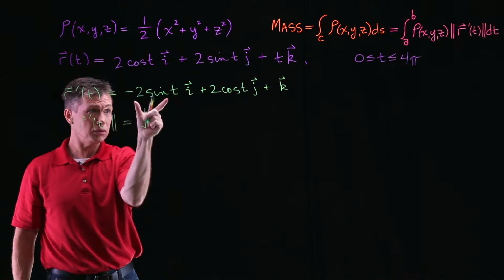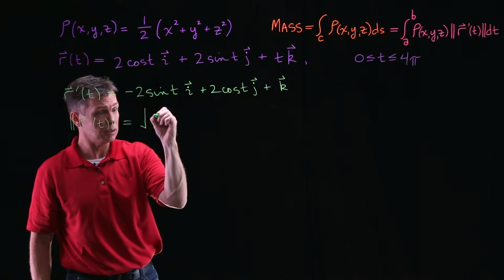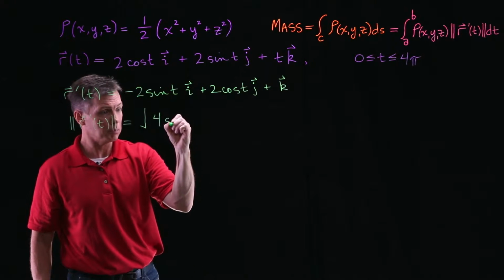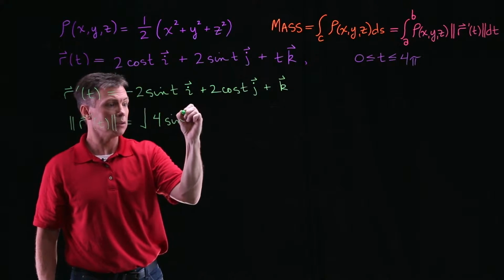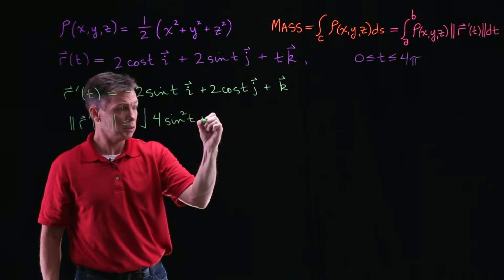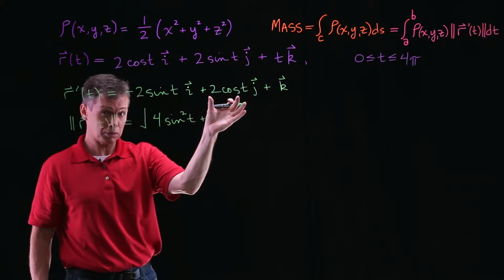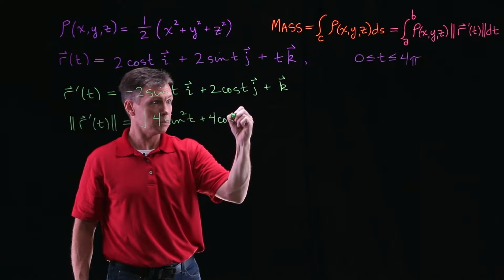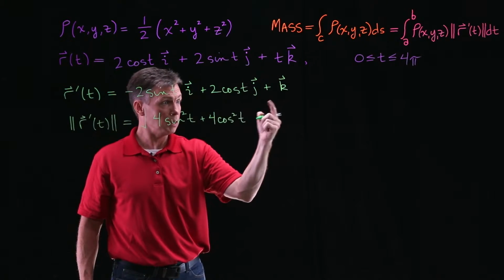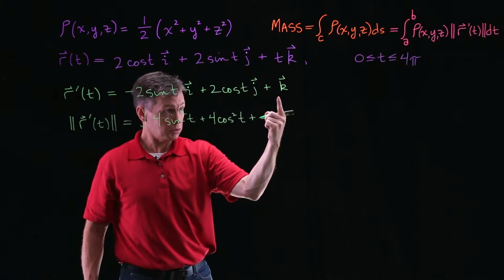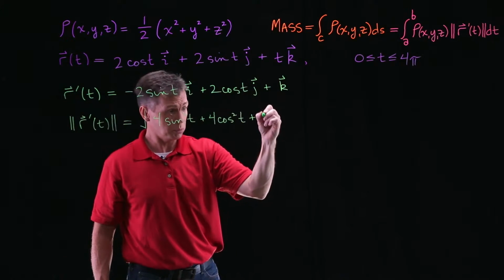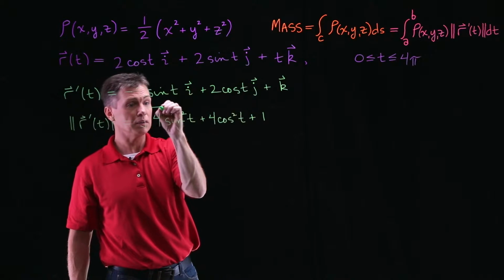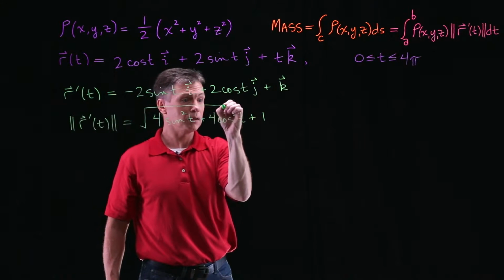So I look at the negative 2 sine of t and square it and get a positive 4 sine squared of t, plus I square the next component and get 4 cosine squared of t, plus I square the next component, which is just 1, and all of that's under the square root.